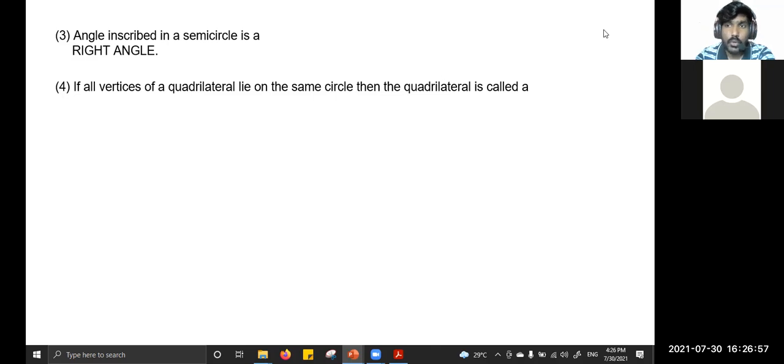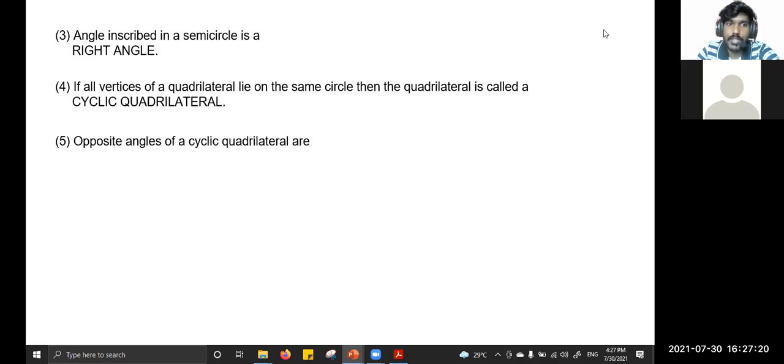Rhombus? No. Not rhombus. Cyclic. Yes, all the vertices lie on the same circle, so it is a cyclic quadrilateral.